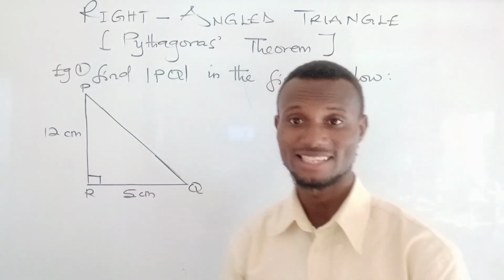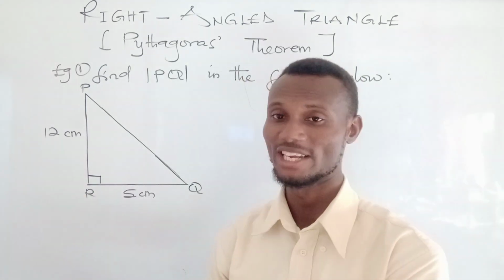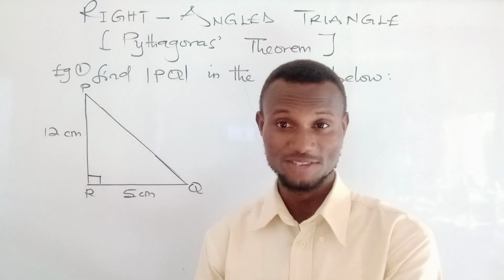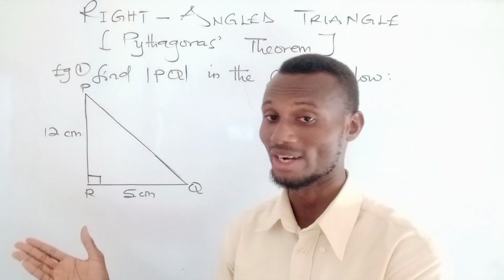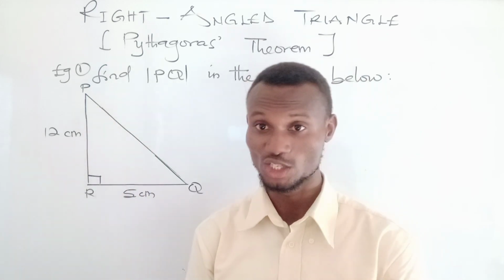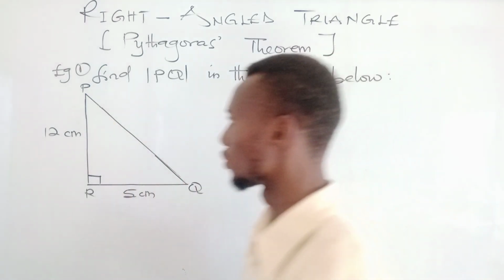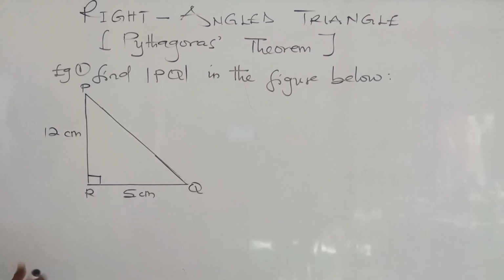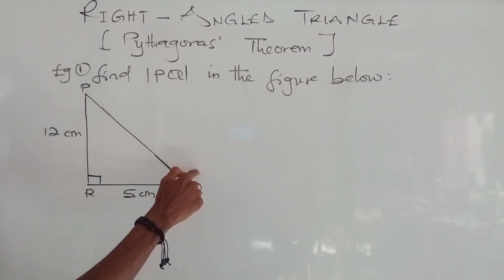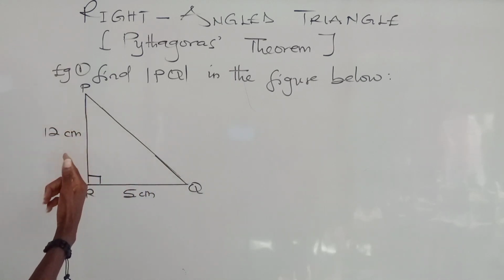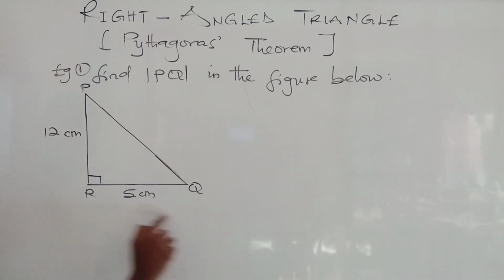I've explained this a lot in the first video, so please watch it so that you don't get confused here, because I'm just continuing by solving an example with you. So let's go ahead. I'm going to put down the formula, which says that the square of the hypotenuse should be equal to the sum of the square of the opposite and the adjacent.